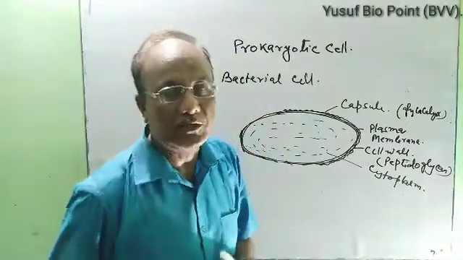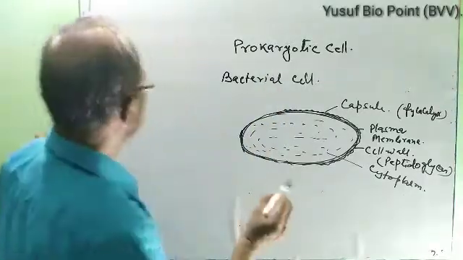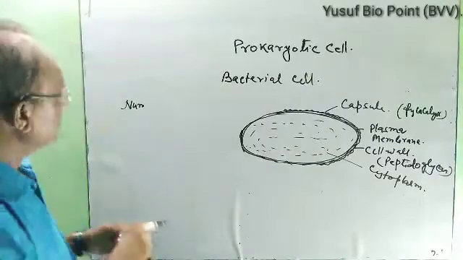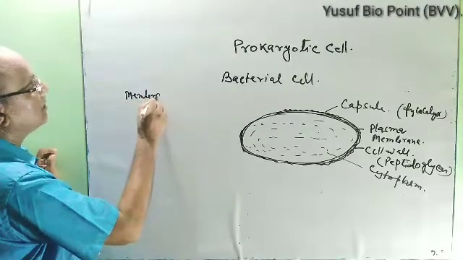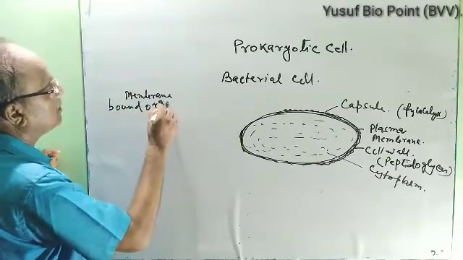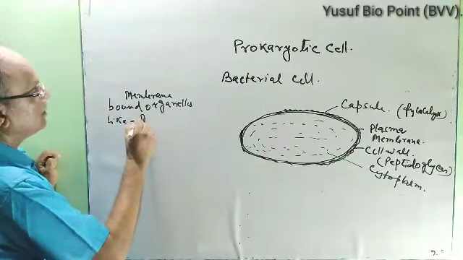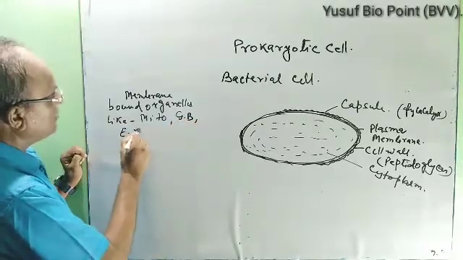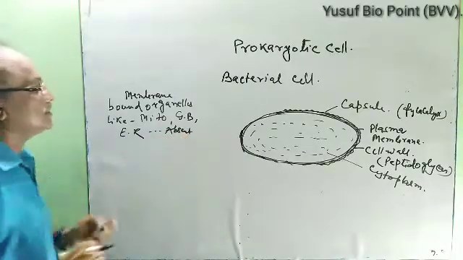And you know that in the prokaryotes membrane bound organelles like mitochondria, Golgi bodies, endoplasmic reticulum are absent.